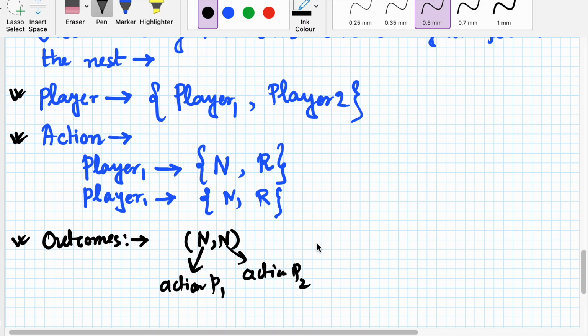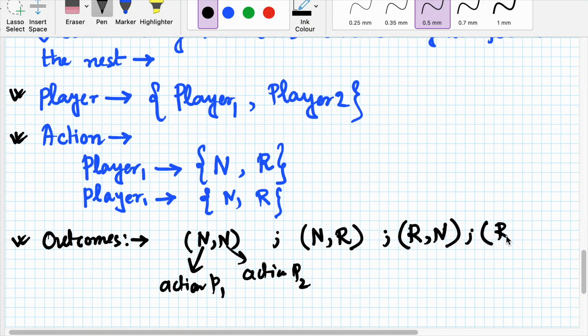Another option may be player 1 exerting force towards the nest and the other exerting force in a random direction. Similarly rn, player 1 exerting in a random direction and player 2 towards the nest, and both of them exerting in a random direction. These are the outcomes.